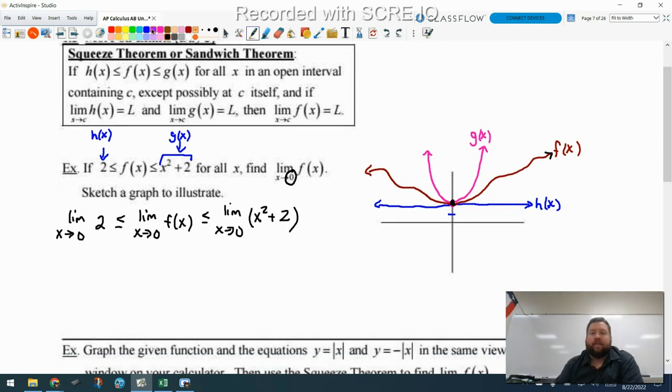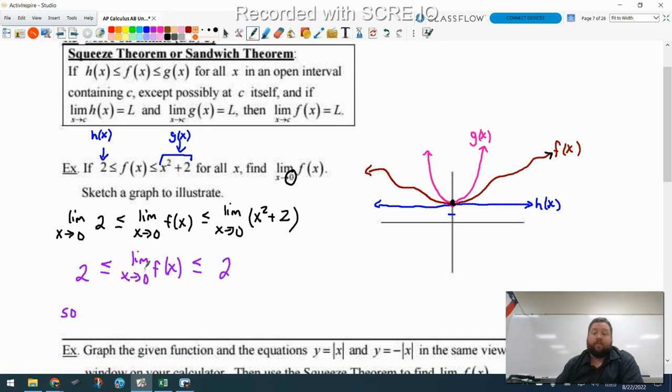The key here is that 2 of these limits you have to be able to solve. We can solve this one because that's equal to 2. The limit of a constant is equal to the constant. We cannot solve the middle one, and that's good. We didn't want to be able to yet. And then the right one, if we do direct substitution, plug in 0, we get 2.